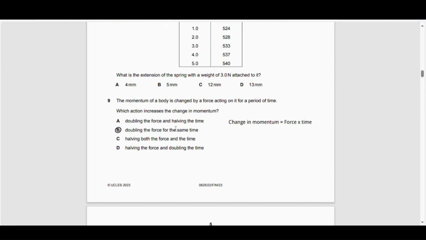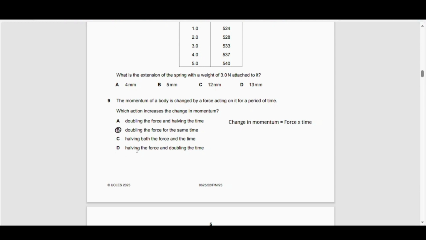So that is the correct answer, but let's just quickly check the other ones just to be sure. So halving both the force and the time, this is probably the worst thing to do, because now you have a force of 0.5 newtons and a time of 0.5 seconds, and that's going to give you essentially 0.25 newton seconds as the change in momentum, which is bad. So it makes it smaller, or essentially makes it a quarter of what it used to be before.